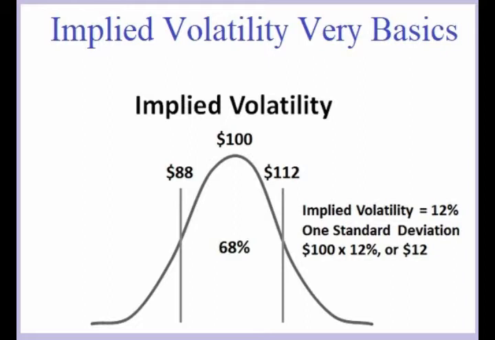Implied volatility can be derived from the option cost. When we talk about option cost, it means the option premium. Option pricing formulae have the current stock price, the strike price, time to expiry, interest rate, and volatility, implied volatility, as a variable.